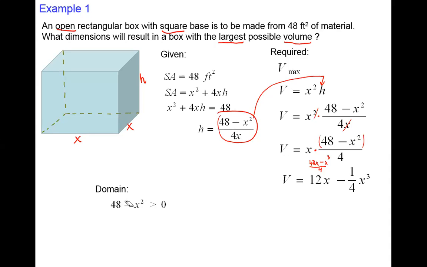And solving this inequality, I have to factor it out, okay? And I can draw a number line, because it's a quadratic equation. The roots are negative square root of 48 and positive square root of 48, right? This will give me negative, this will give me positive.